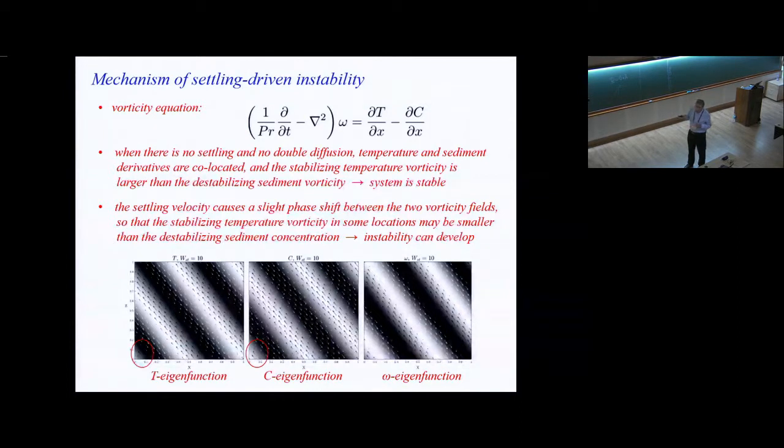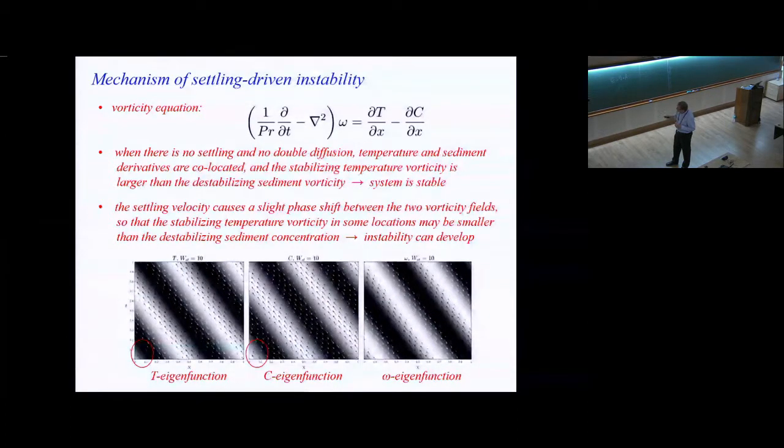But if we have a settling velocity, that means our sediment concentration field now will be shifted relative to the temperature field, and as a result of this shift, the stabilizing effect of the temperature field might not be able to overcome everywhere the destabilizing effect of the sediment concentration field.